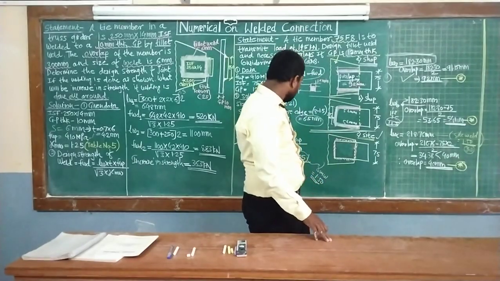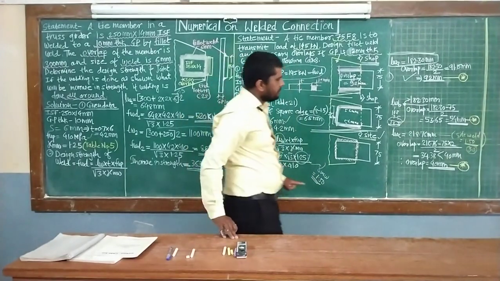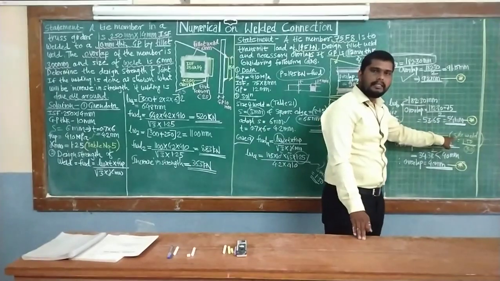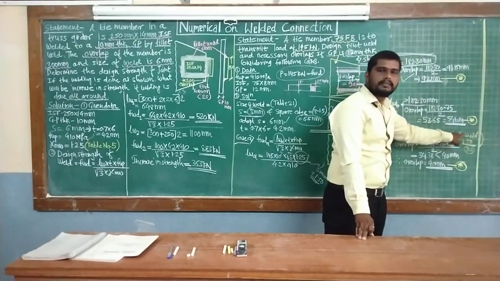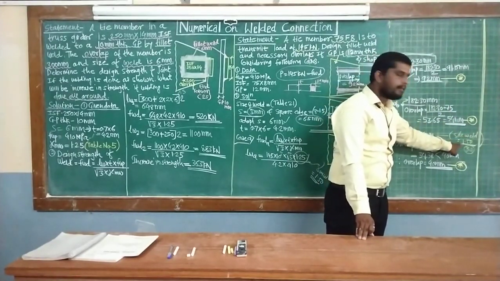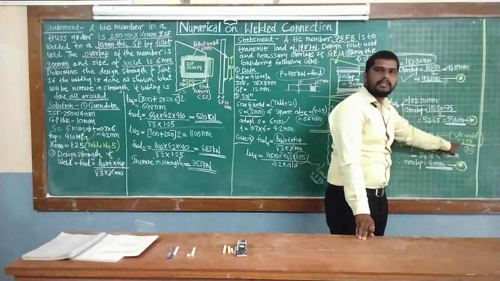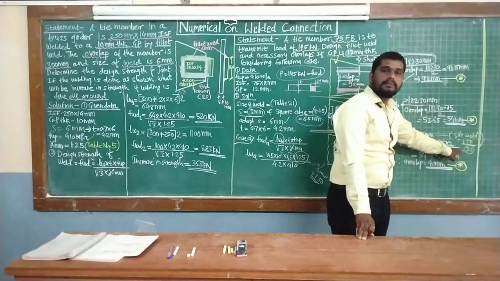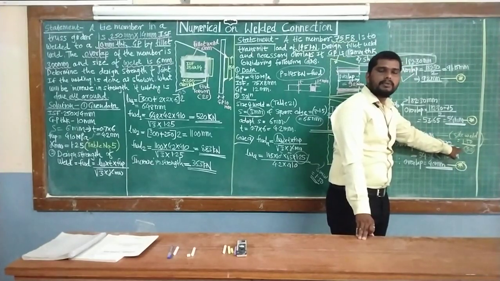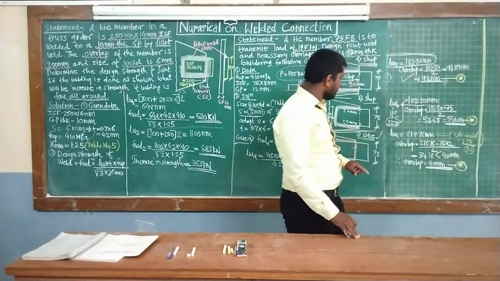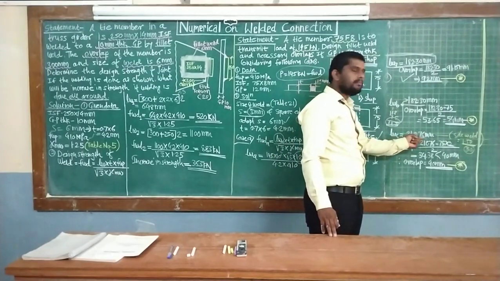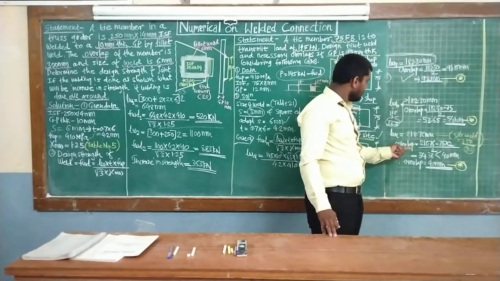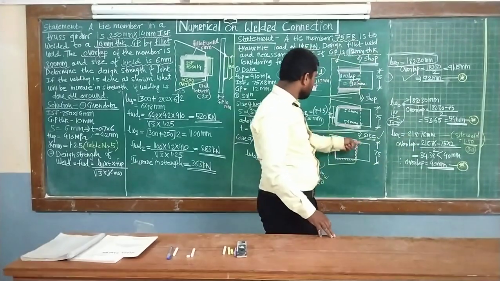We got this answer using the same formula, but the condition applies to site weld or field weld. So gamma mw is 1.50, from Table 5, page number 30 of IS 800:2007. Then the answer we got is 218.76. This overlap we are going to provide on four sides.